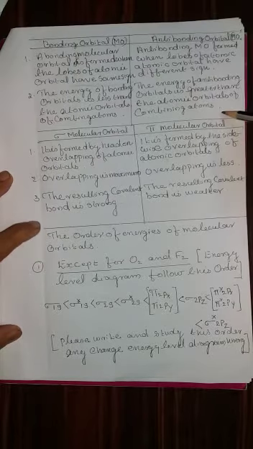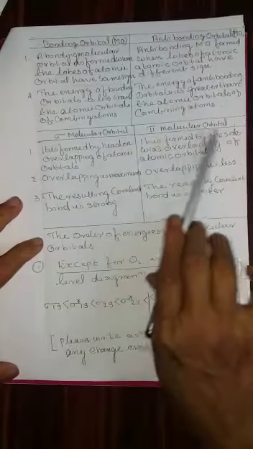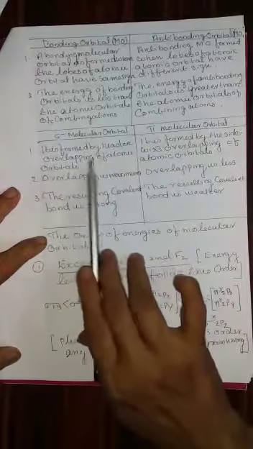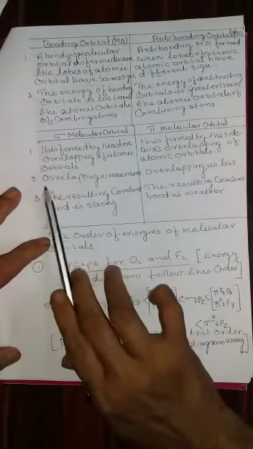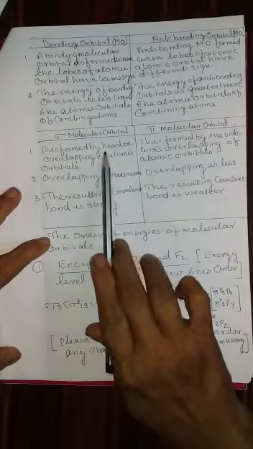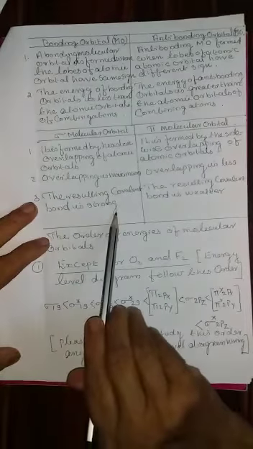Now, the second one is what is meant by sigma molecular orbital and pi molecular orbital. A sigma molecular orbital is formed by the head-on overlap of the atomic orbitals, just like the sigma bond. The overlapping is maximum in the case of head-on overlap. The resulting covalent bond is very strong.